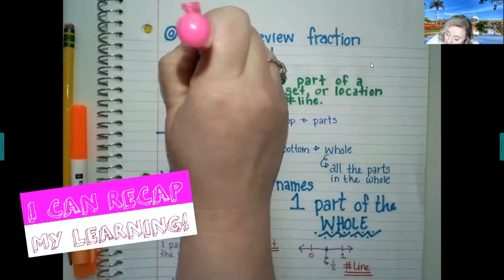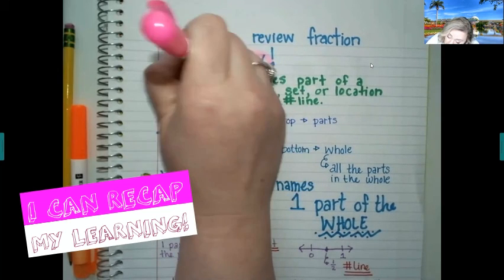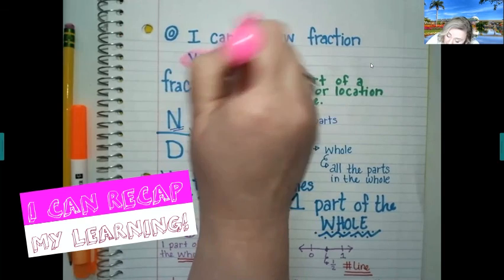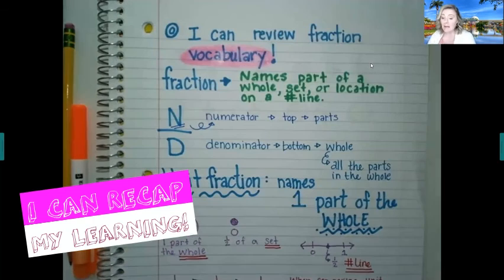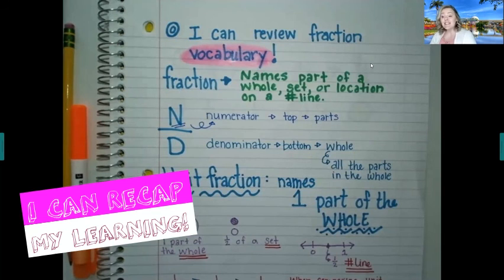I want you to circle the word vocabulary. That is going to be one of your questions in your Google form. What did Ms. Gerald circle in pink in the first I can statement? Okay, this is just like our top secret questions to help me know that you are truly taking time to read, to watch the videos and make the charts and practice your learning.